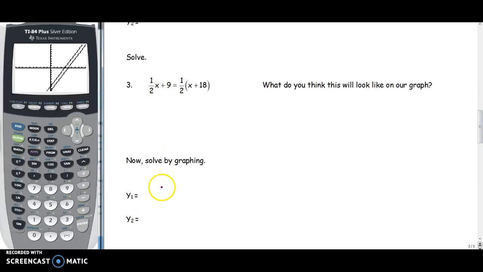Okay, let's try this one. I'm going to put this one right away into our calculator. So 1/2 x plus 9 is your y1, and 1/2 parentheses x plus 18 is your y2.